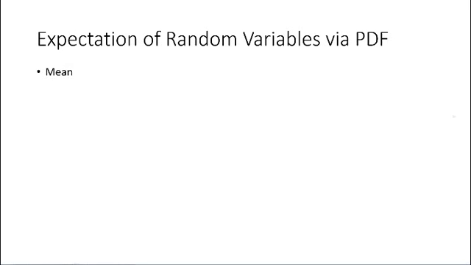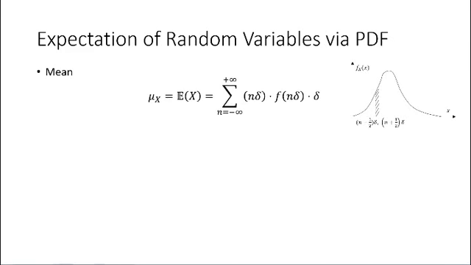If we divide the real numbers into length delta intervals, when delta is infinitely small, the probability that X lies within one length delta interval is approximately f_X(n delta) times delta. Then we multiply x equals n delta with the probability and sum them all up. We will get the mean of the random variable.